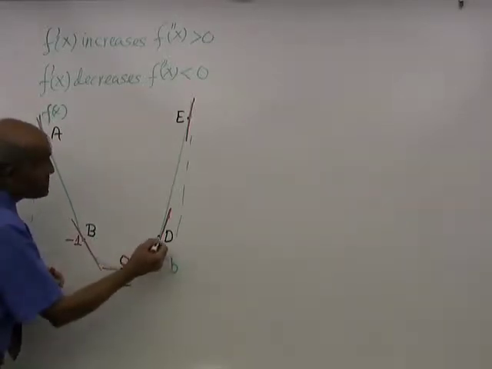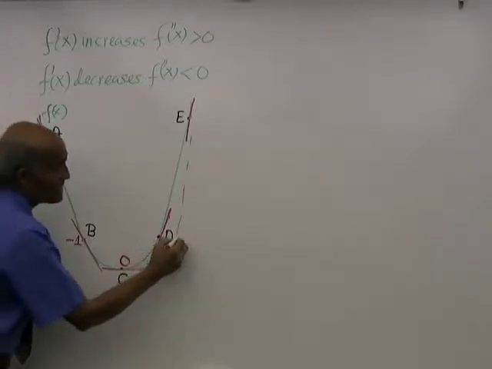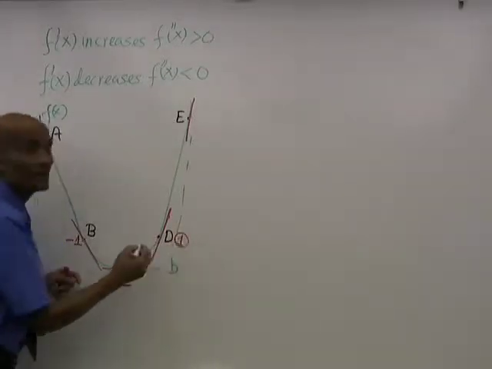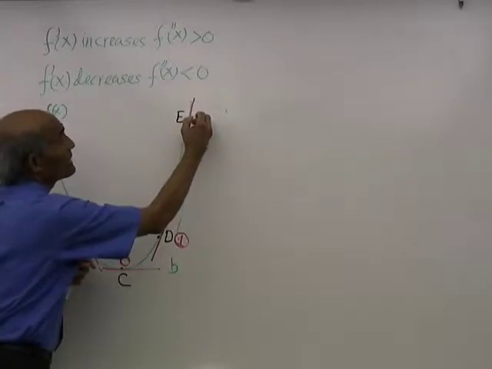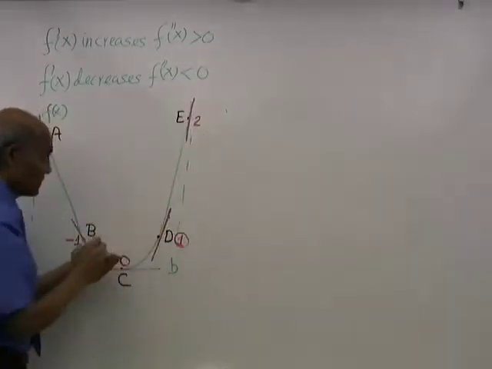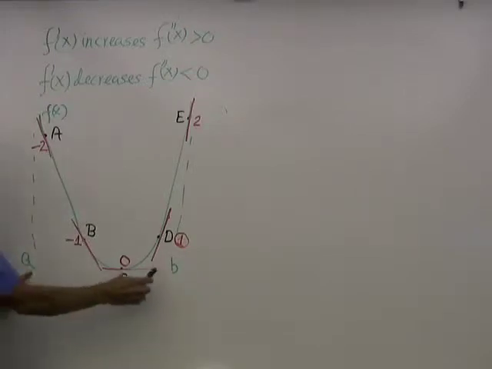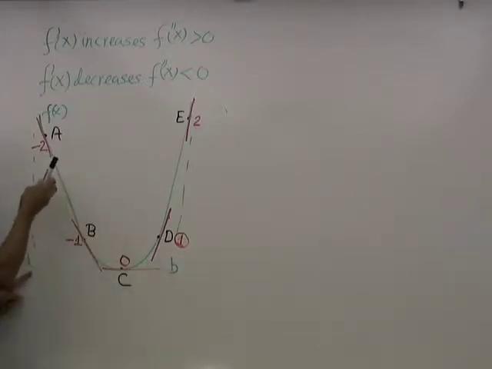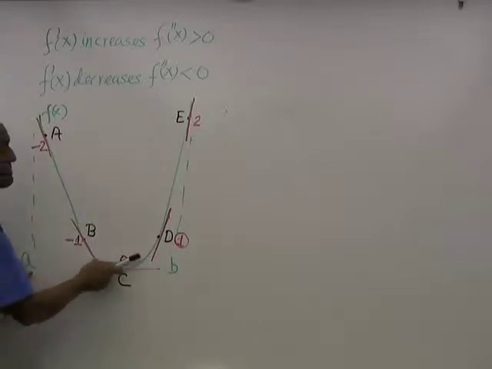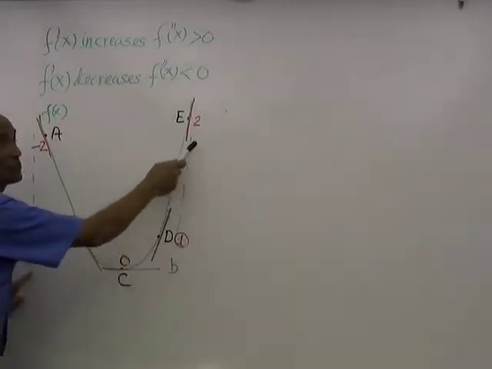The slope of the tangent line at D is, say, approximately 1. And the slope at E is approximately 2. Now, when you go from x equal to a to x equal to b, what is happening to the first derivative? It is going from -2 to -1 to 0 to 1 to 2.